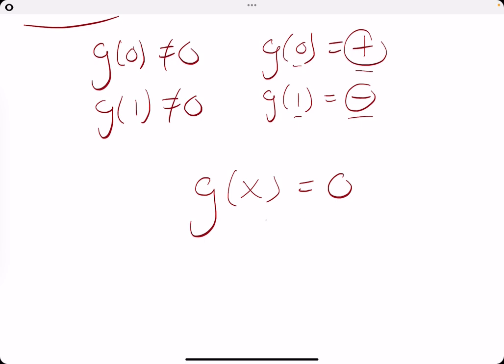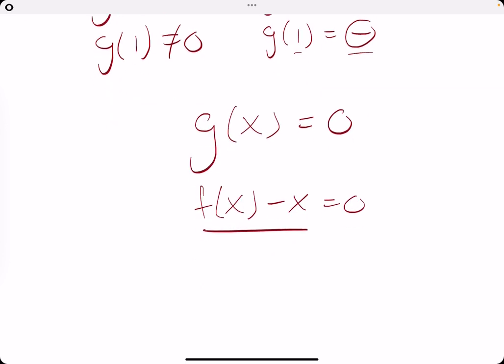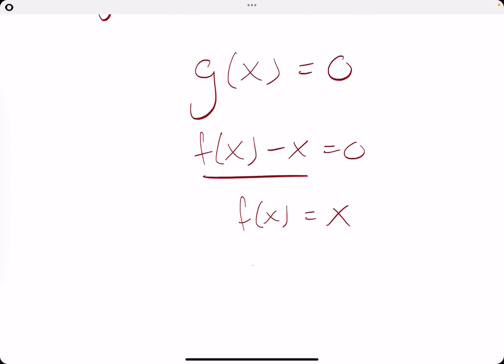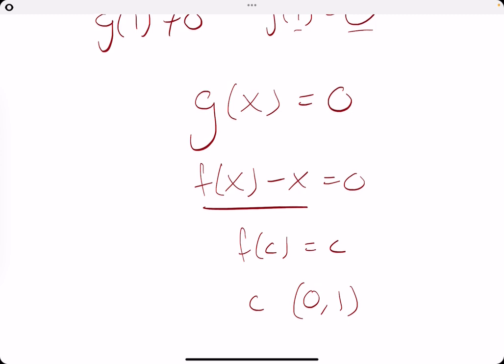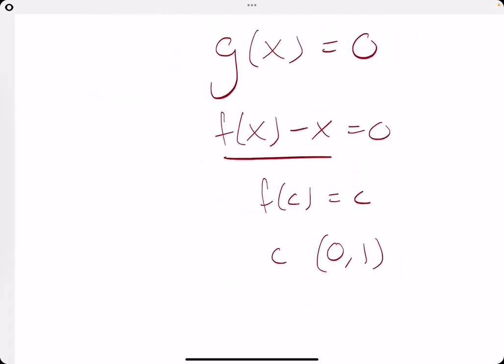Well, if g of x is equal to 0, that means that f of x minus x is equal to 0, because g of x is f of x minus x, which means that f of x is equal to x for some x value on 0 to 1. So really, there exists a c for which f of c is equal to c.